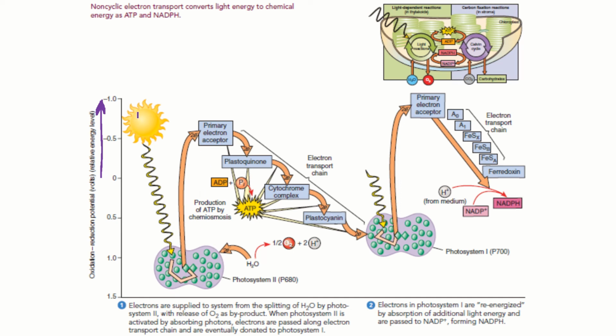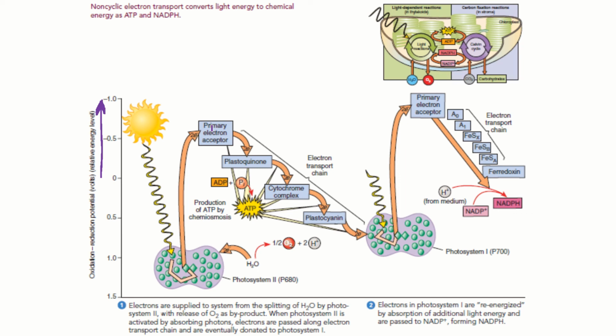See here, solar radiation is being absorbed by the pigment molecules. The energy is transferred from molecule to molecule, ultimately reaching the reaction center. In the reaction center, an electron is excited and it is absorbed by a primary acceptor. Remember, here the species are arranged in the order of their oxidation reduction potential.